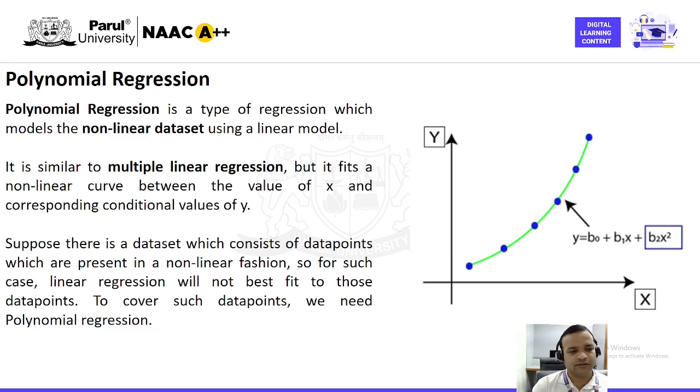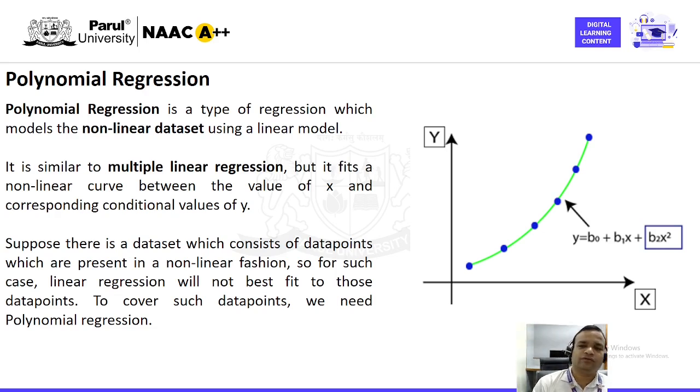But whenever we have some non-linearity in data points, you can use polynomial regression here. In that case, you can cover all data points with that particular best fit line.